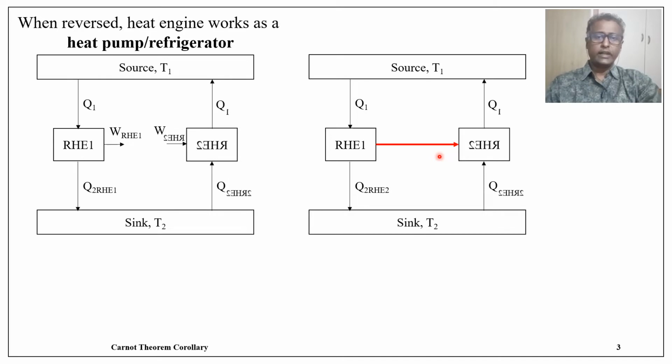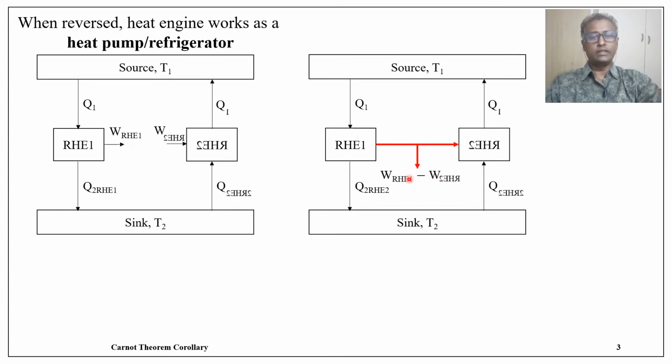Now, the net work output is equal to the difference in the work delivered by reversible heat engine 1 and the work consumed by reversed heat engine 2.